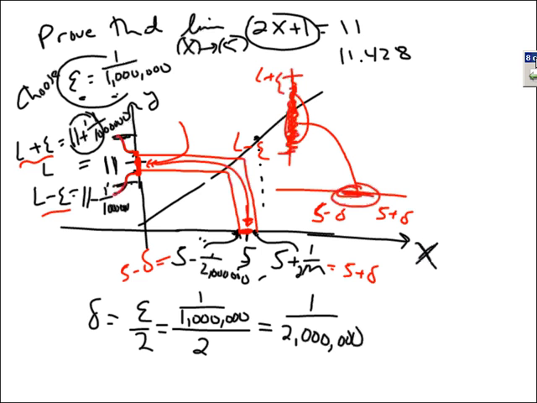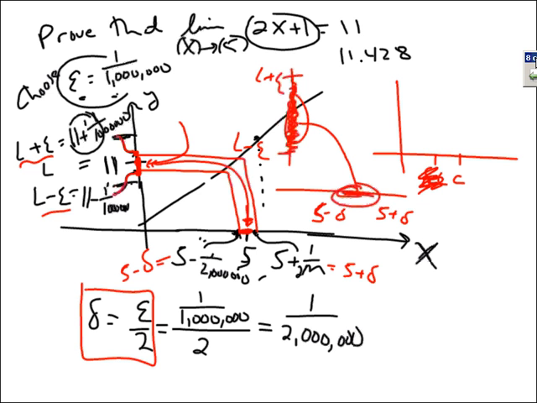Okay, so that's why delta can equal epsilon over 2. It guarantees me that if this is C, then here is C minus delta, and here is C plus delta.